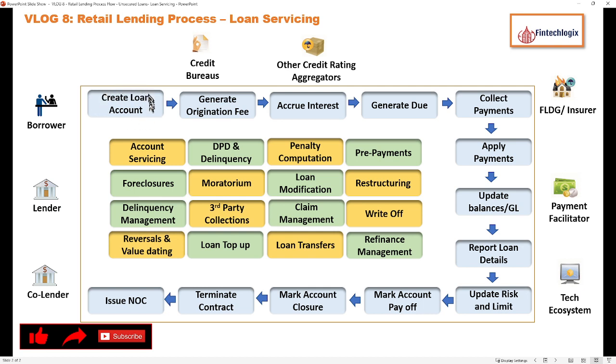That means when disbursement is done, if there is a need of any origination fee, we generate the origination fee probably at the same time, because the origination fee can be adjusted with the disbursement amount, and also it can be collected along with the first installment. So as per the behavior, we generate the origination fee.